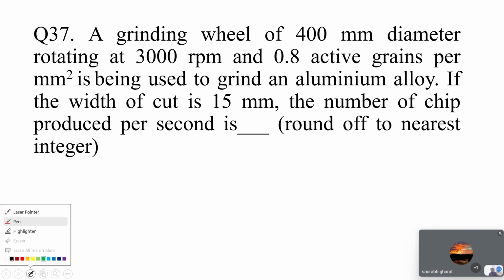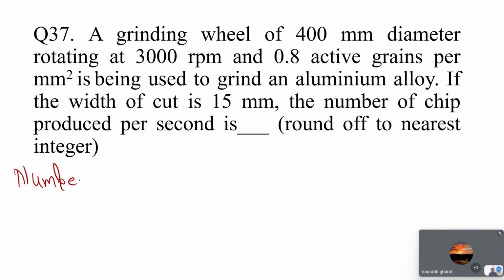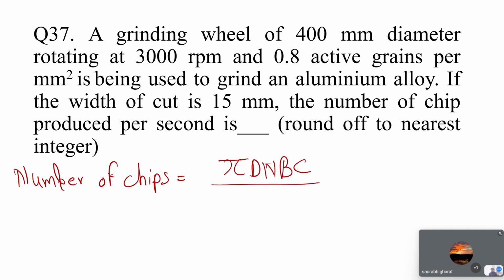So we want the number of chips. You know the formula: pi D N into width into concentration, divided by 60 because you are using rpm. Everything is in millimeters, so that is fine.